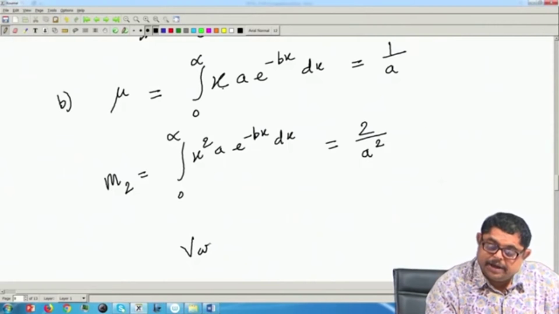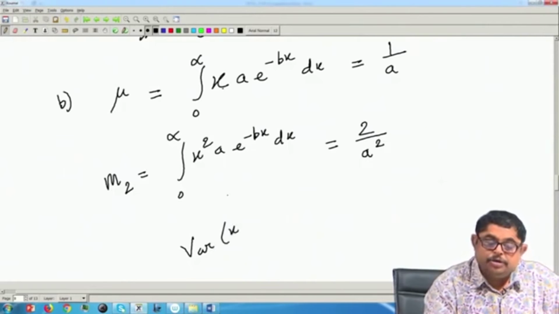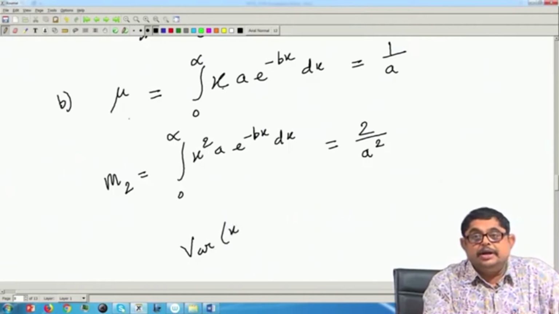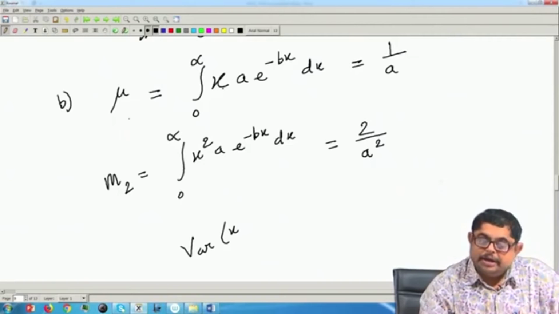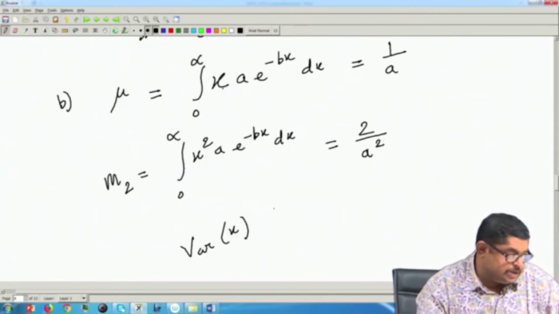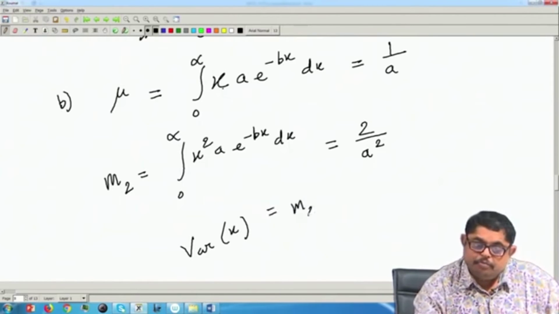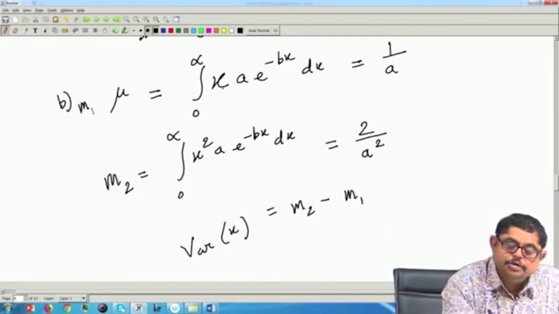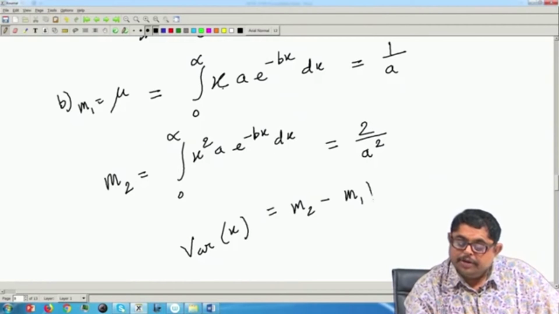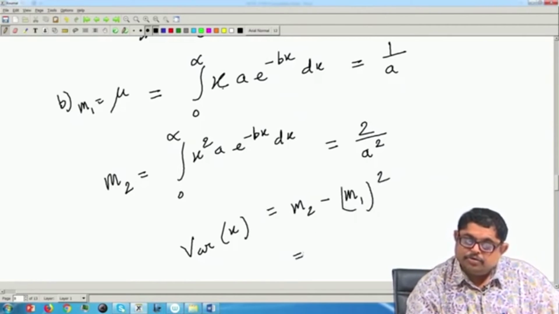So, what is the variance? Remember, in Gaussian cases we generally assume zero mean, so people generally say m2 and variance are the same, but they are not the same. Variance is m2 minus the first moment squared, m1 squared, or mu squared. Actually, I should have written this as m1 squared.